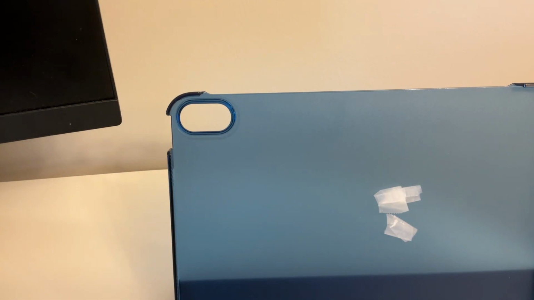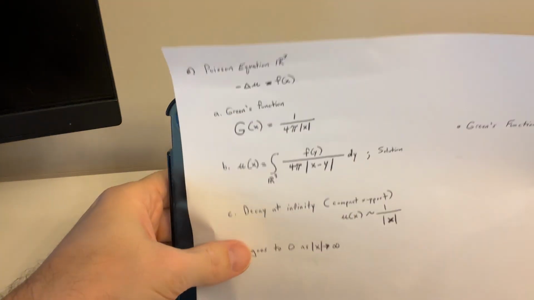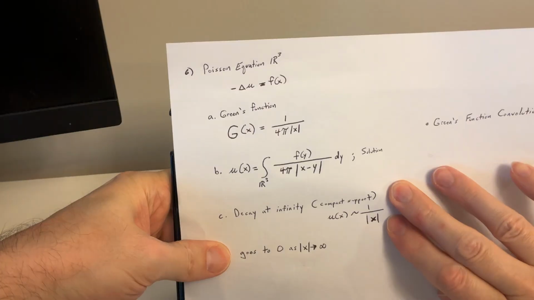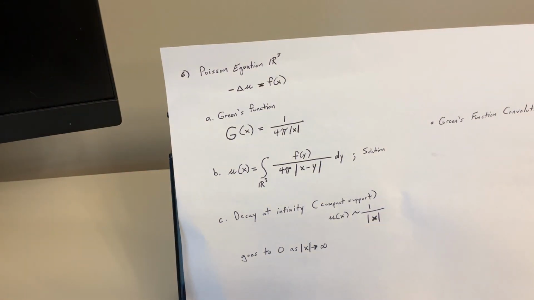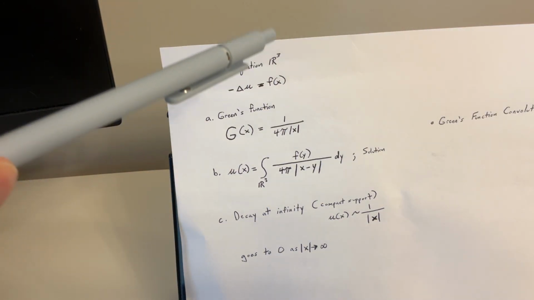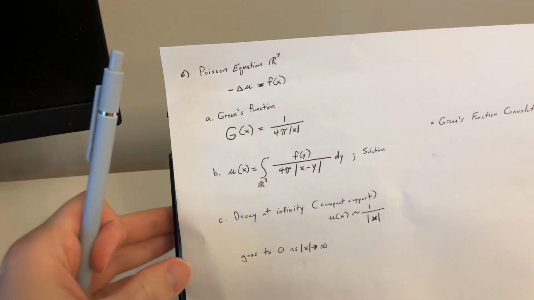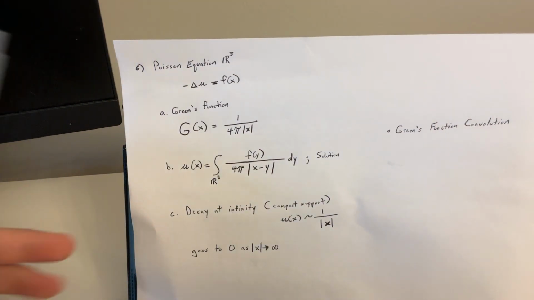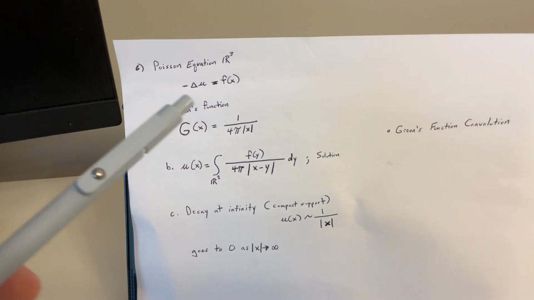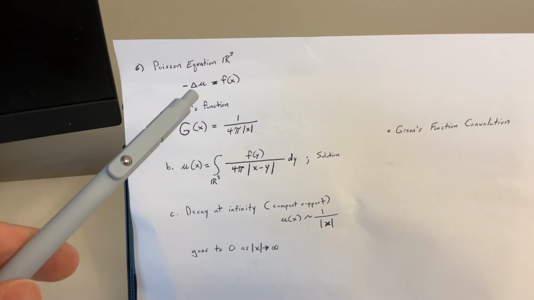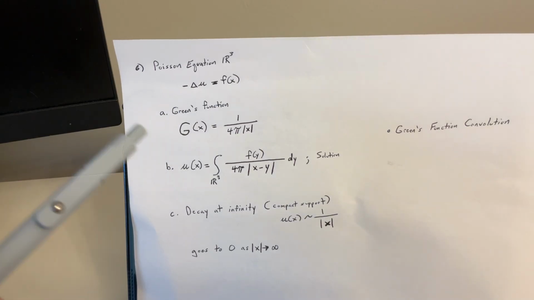Poisson equation in 3D space, in R3. Okay, Poisson, important to remember. Negative Laplacian of u equals f of x.